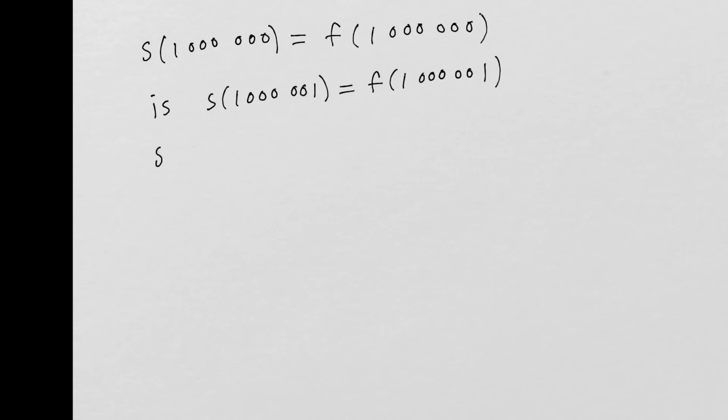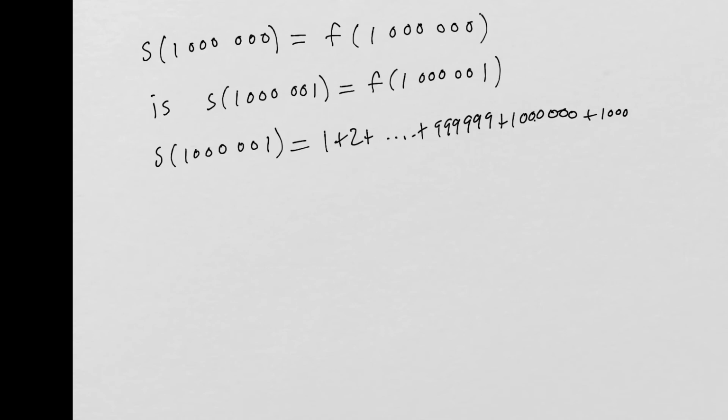You'd say, well, S of 1,000,001 is equal to 1 plus 2 plus all the way up to 999,999 plus 1,000,000, one more plus 1,000,001, right? You're never going to plug all of these into your calculator, so you're definitely going to have to use this trick.